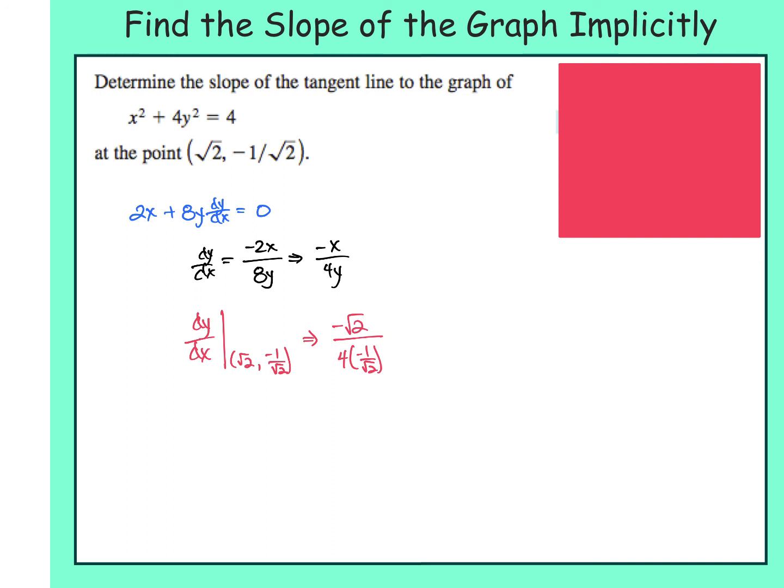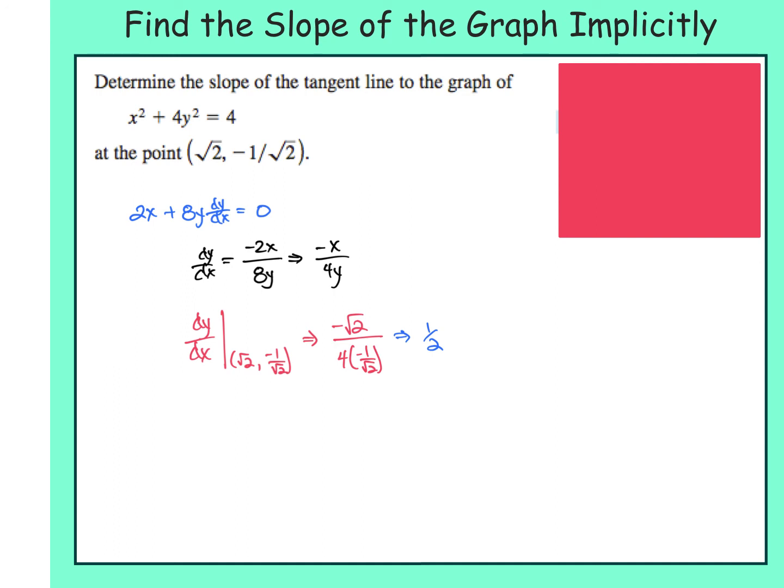And so now we've got to do a little bit of math. What happens to my negatives? They cancel. So now I have a 4 over square root 2 on my denominator, right? But really that's multiplying by the reciprocal. So I'm really multiplying by square root 2 over 4. So what does that become? 2 over 4, which is 1/2. So my slope of my tangent line at that ordered pair is 1/2.